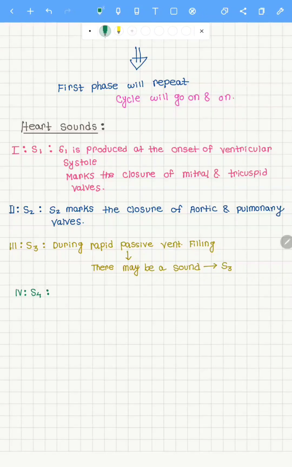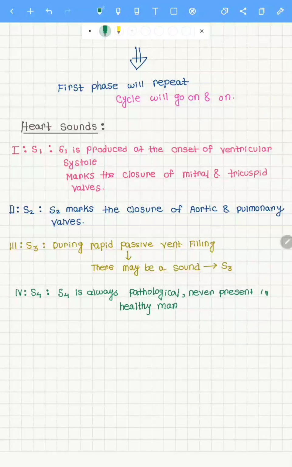Remember one thing, for God's sake, that S4 is always pathological. It is never present in a normal, healthy man. And how is it produced? When atria contract against the hypertrophied ventricle, S4 is produced.